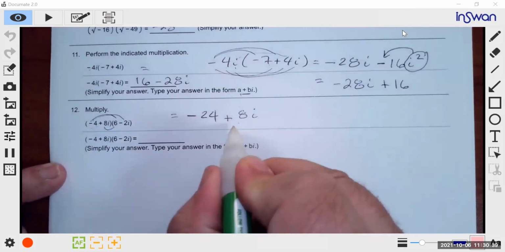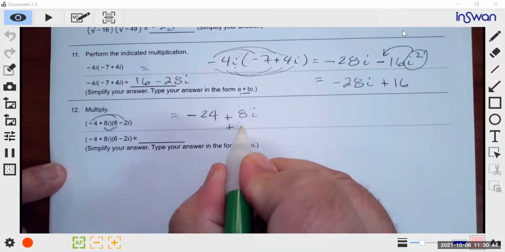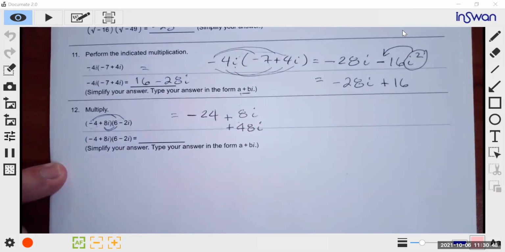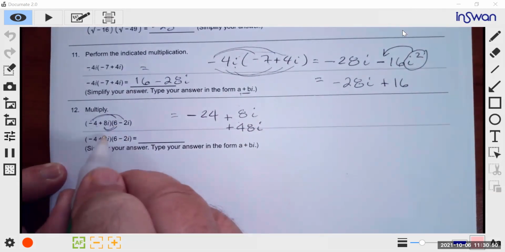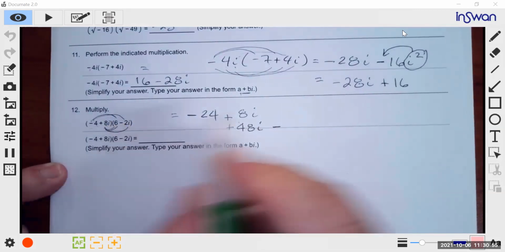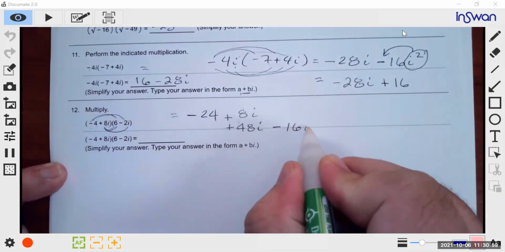Positive times positive is a positive. 8 times 6, 48i. Positive times negative is a negative. 8 times 2 is 16. i times i is i squared.